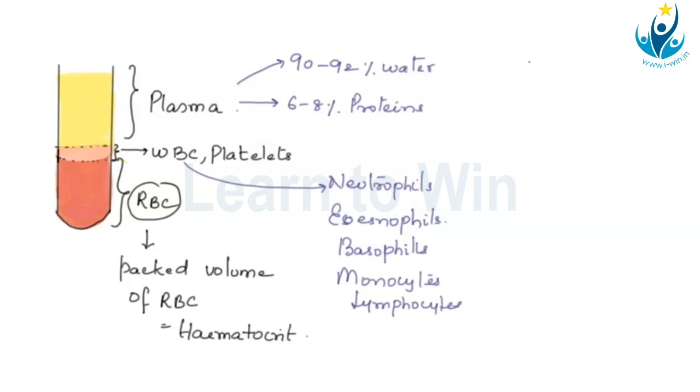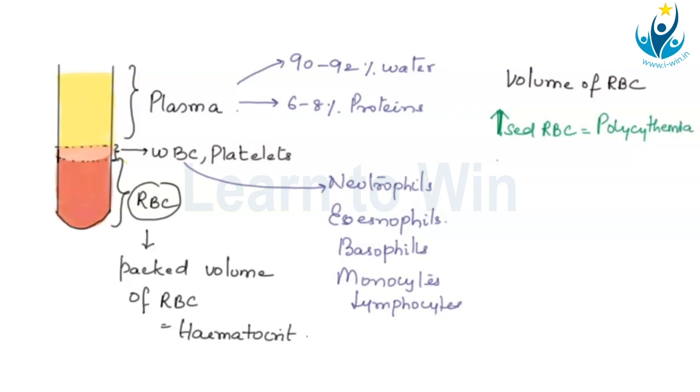Now, the volume of the RBC keeps on varying. If you have a higher volume of RBC, more than normal, increased RBC or increased hematocrit, then you can have a condition called polycythemia.